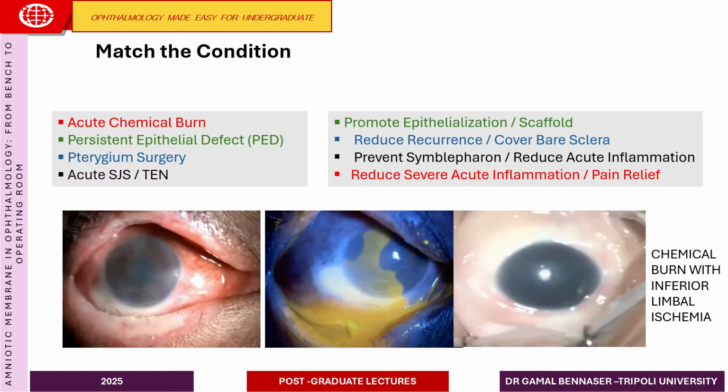Finally, in acute Stevens-Johnson syndrome or any acute inflammatory process on the surface of the eye, it is very important to prevent symblepharon and reduce the acute inflammation. So this is how we understand the role of amniotic membrane in different situations. So it has a different role oriented to the underlying environment available in the eye.